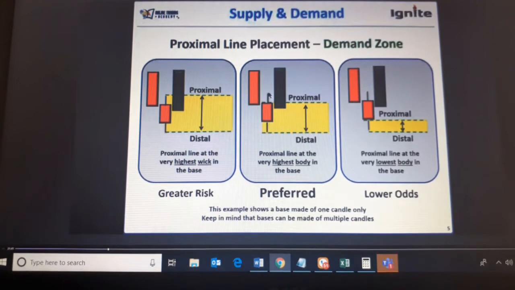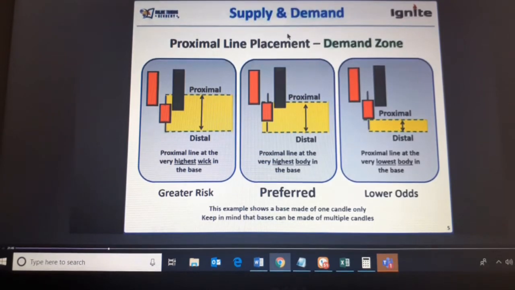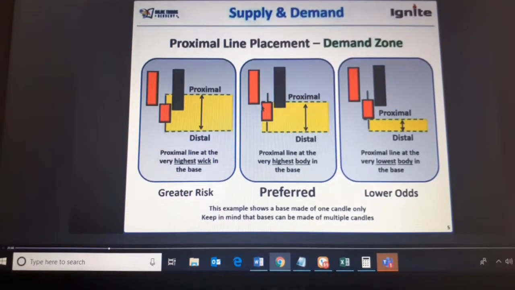The prices might hit this wick and then go up. So the advantage is that the risk is less than the first one, but the disadvantage is that you may miss some of the trades.